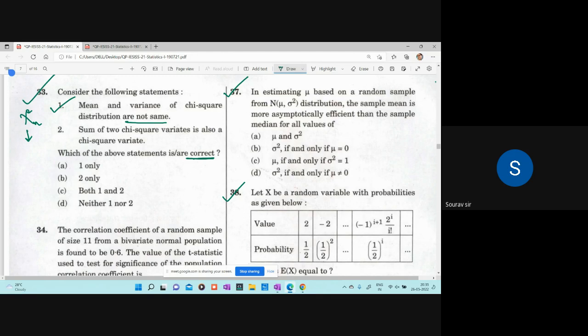Are you sure? It is correct only if the variates are independent, which is not mentioned. So only one will be correct. It is true, but if x and y are two variates, only if they are independent, then only it will happen.